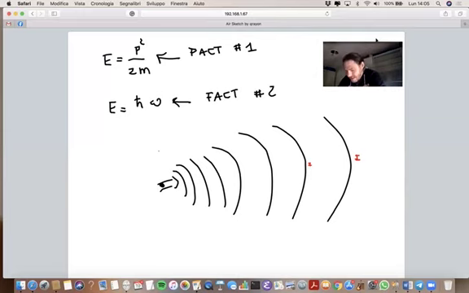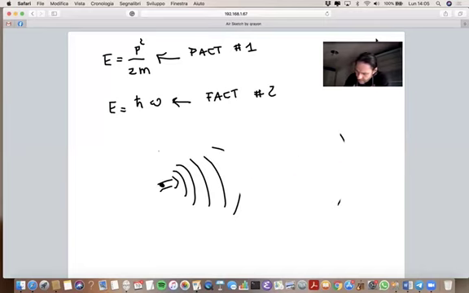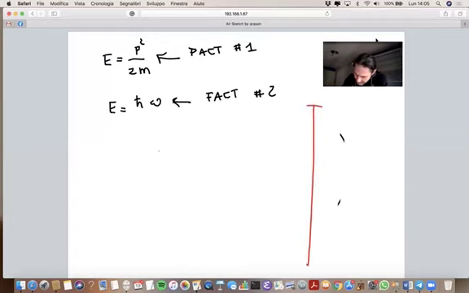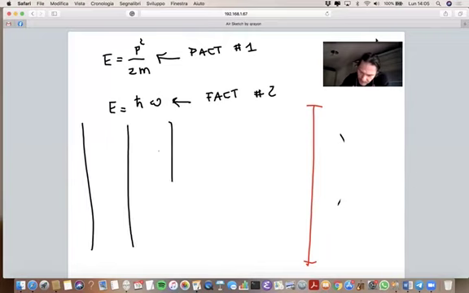What I'm going to be detecting, if I zoom out at this scale, the red dot there is my board where I detect the electron, and the waves are seen. I will not be able to detect the curvature of the wave.